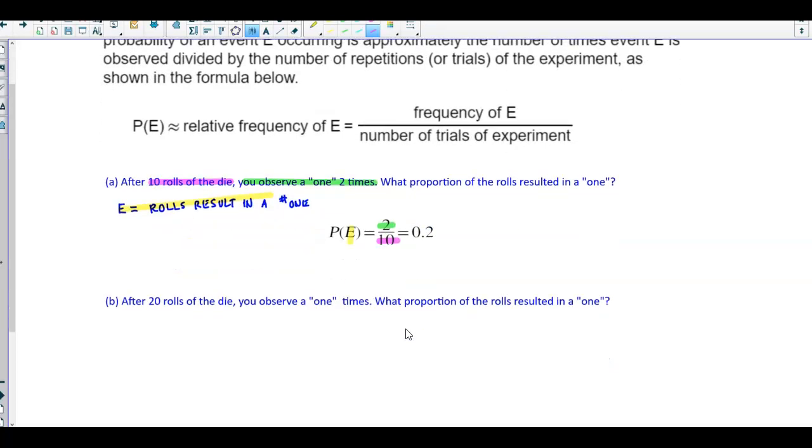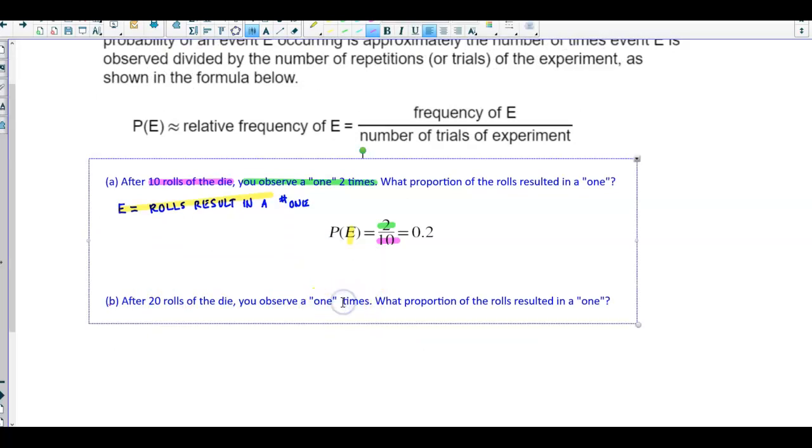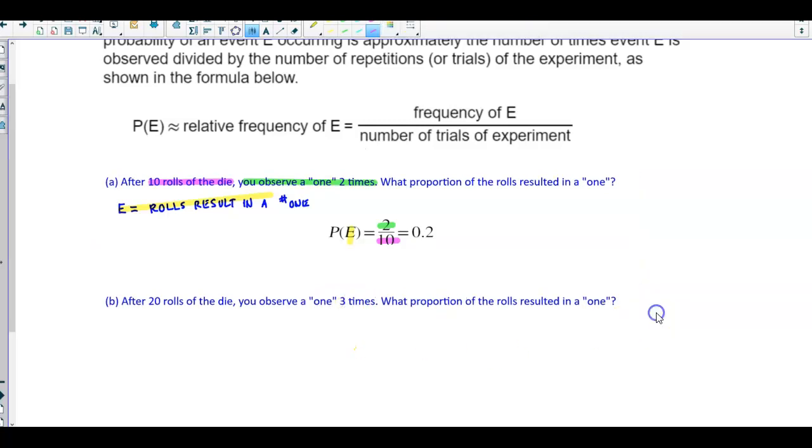Okay, next it's telling us after 20 rolls of the die, you observe a 1, in this case, 3 times. What proportion of the rolls resulted in a 1? So again, it is the same event here.